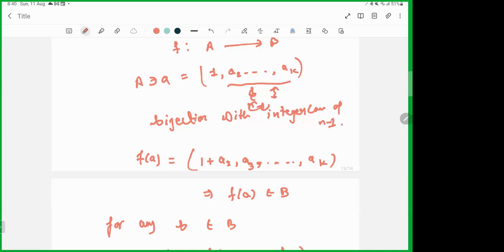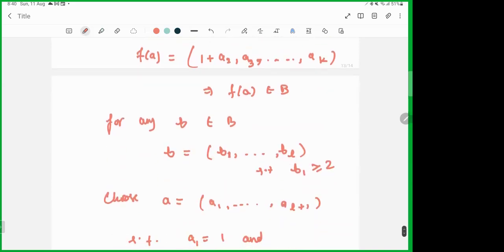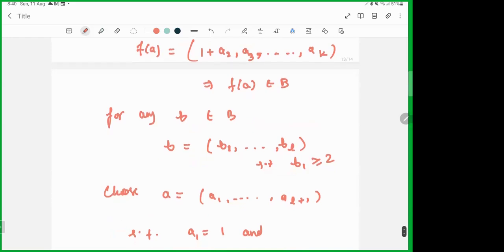Sir, what if b is the largest possible? In the integer composition, whatever the largest value for the first number can be, it will be mapped to one less.